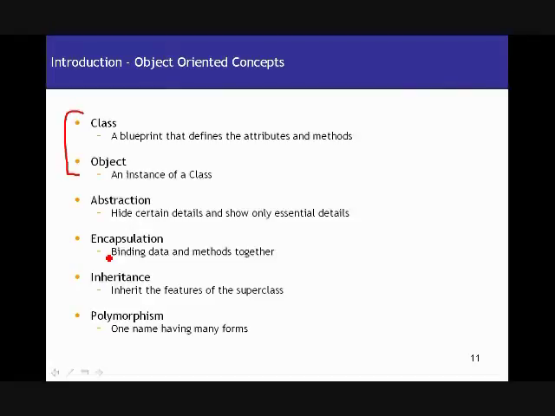So there I will make use of encapsulation to secure that, so that nobody can make changes to the salary, and only certain authorized people can. That's what encapsulation is all about.